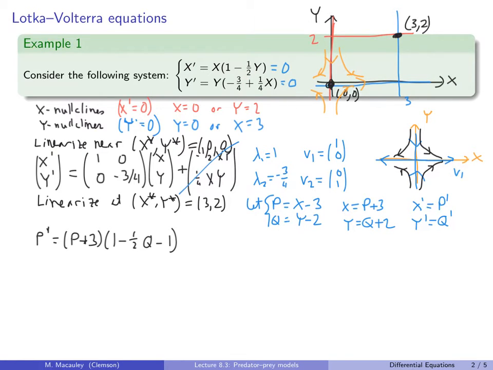I took 1/2 times q plus 2, and that's what I get here. Q prime equals q plus 2 times negative 3/4 plus 1/4 times x, which is p plus 3. So that's 1/4 p plus 3/4.